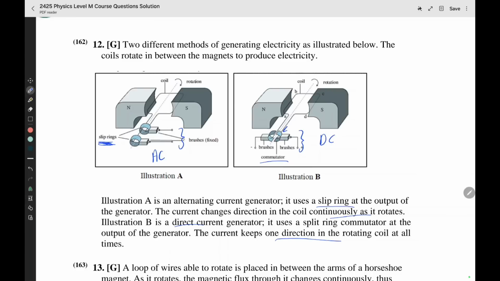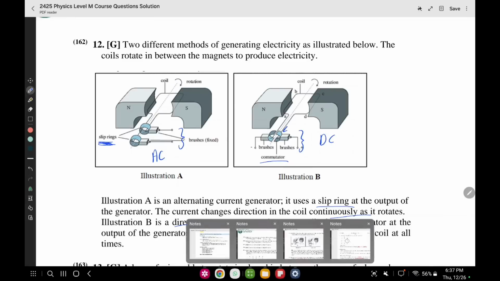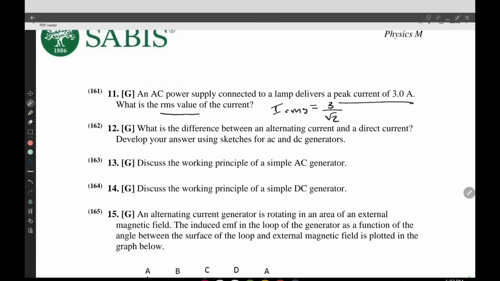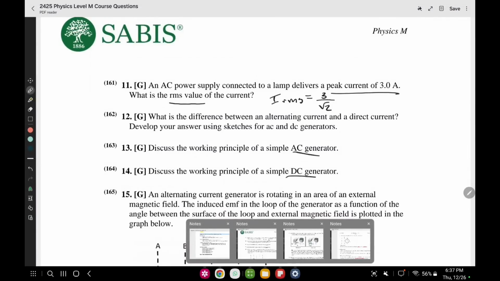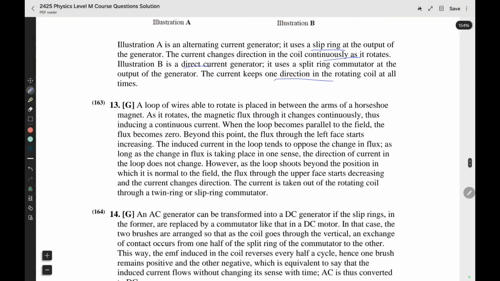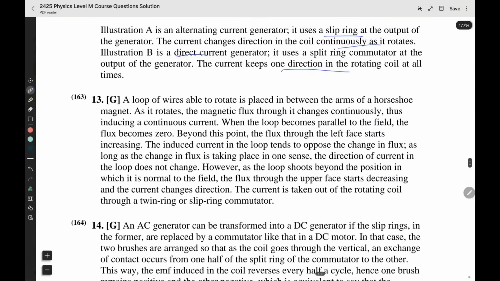Very easy questions. And CAE questions, they all come from these grids. I've seen this before. Then AC, DC. Describe, and they obviously gave a good explanation in detail. First, the DC. A loop of wires able to rotate is placed in between the arms of a horseshoe magnet. As it rotates, the magnetic flux changes continuously.